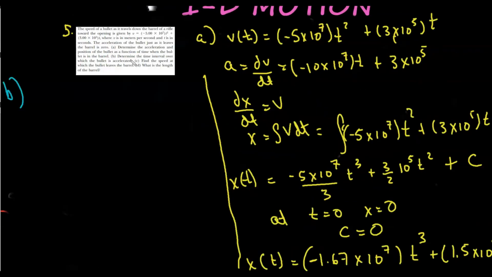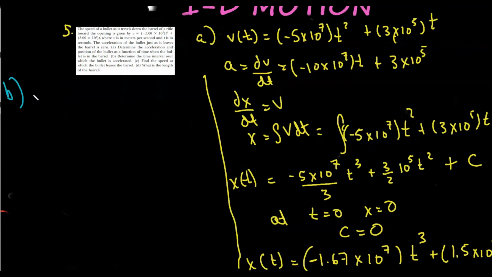Part B asks: determine the time interval over which the bullet is accelerated. The bullet accelerates from when it first is at the beginning of the barrel, and at the end of the barrel the acceleration is 0. So that's the time interval where it's accelerated. All we have to do is plug in 0 for the acceleration in our acceleration equation.